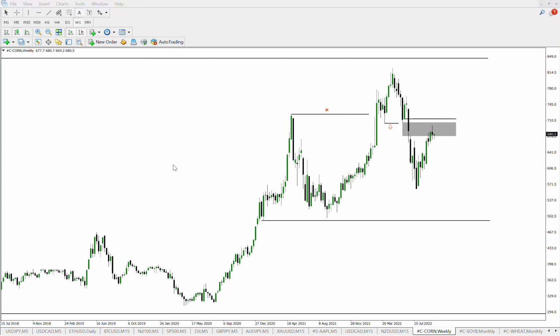And so we have the ICT fair value gap and order block. All right. So if you've been following along, I typically tend to use the ICT 2022 model. And so this is exactly what we have here, right?